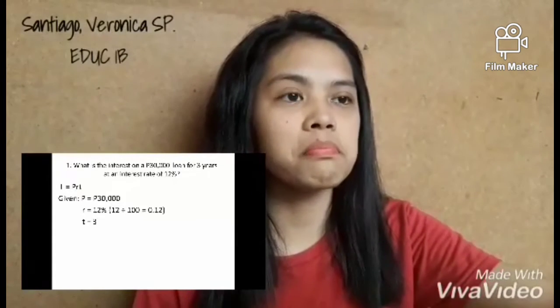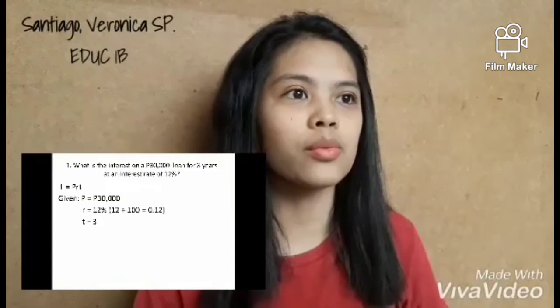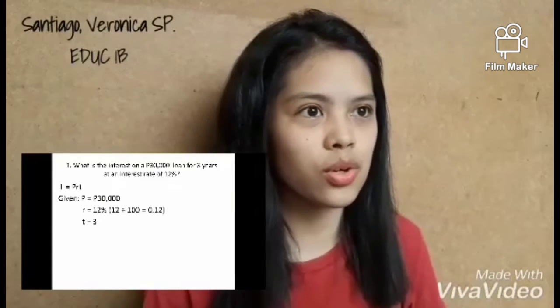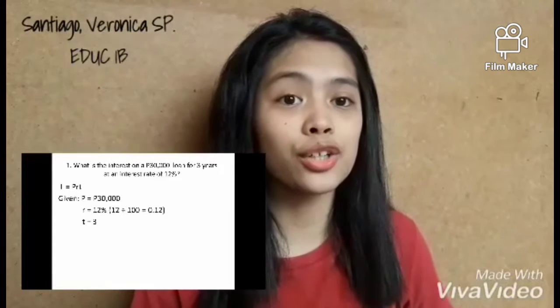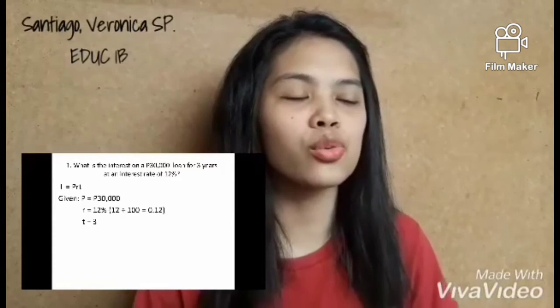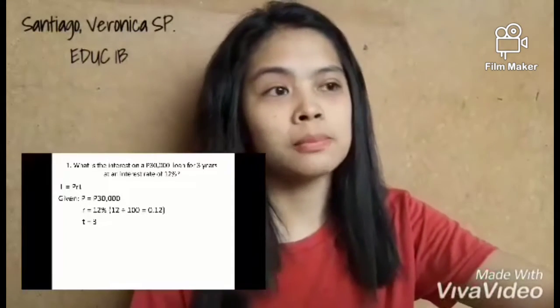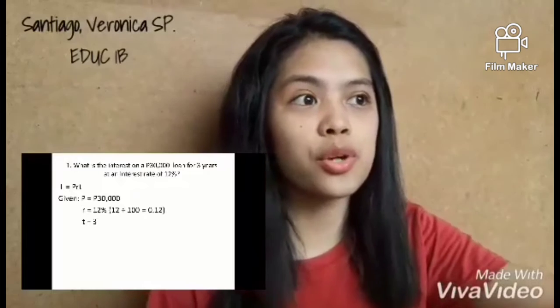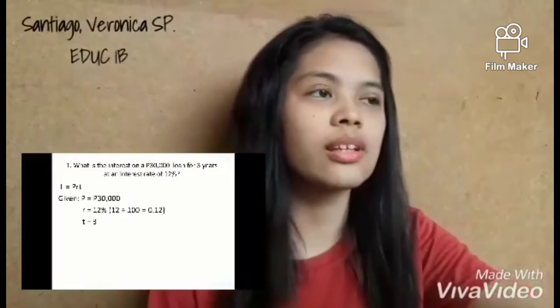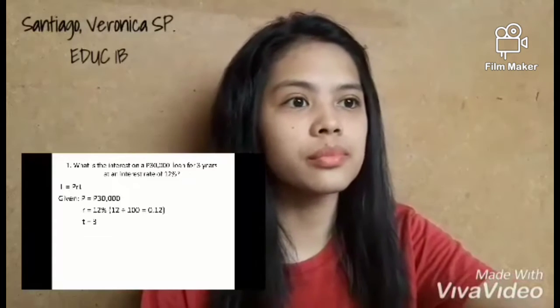So, ang given P or yung principal or yung borrowed amount, which is the 30,000 pesos, yung R natin or yung rate ay 12%, and yung 12 ay i-divide lang natin para makuha natin yung 0.12, and then yung T natin or yung term is equals to 3.